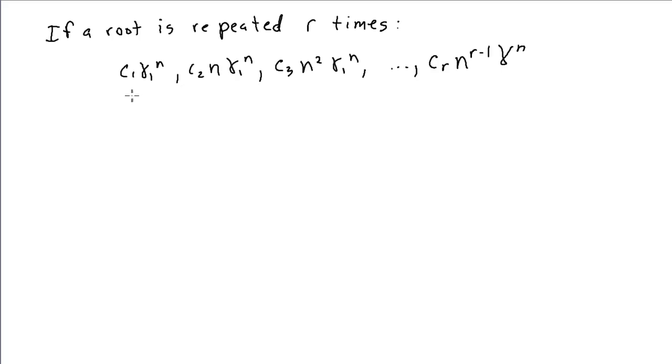And then the solution in this case would be a sum of these r terms. There may be other non-repeated roots, and then those corresponding modes would be added into the general solution.